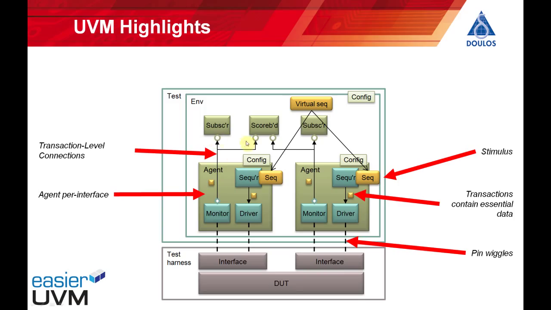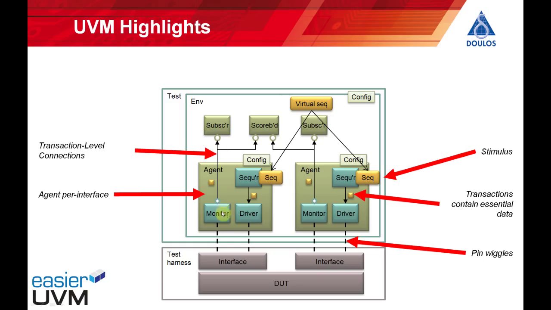The connections here within the class-based verification environment are all transaction-level connections. UVM makes use of the TLM-1 standard that it borrowed from SystemC. So when we're passing transactions around within the UVM verification environment, we do that by passing transactions from TLM ports to TLM exports.